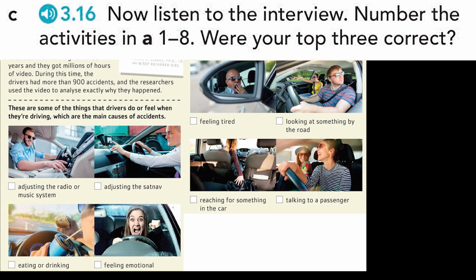So, how would you summarise the research? What did you find most interesting? I think for me the most interesting thing is that some of these things don't seem very dangerous, and good drivers often do them. But the research shows that they are. So next time you get in your car to drive somewhere, think about what you're doing. And always, always keep your eyes on the road.